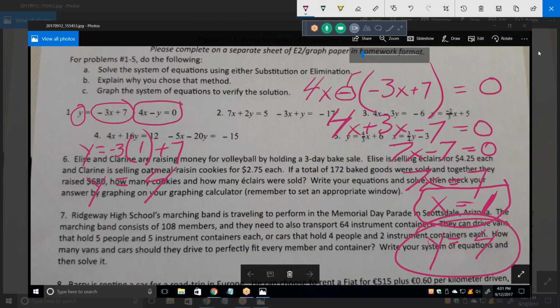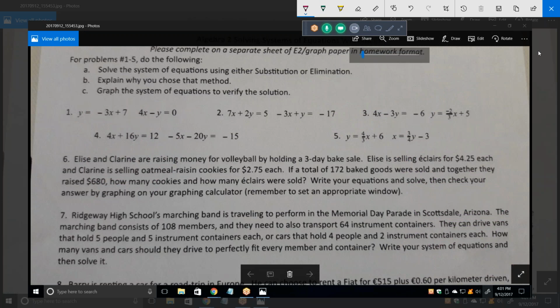Okay? Okay. Now, let's look at the second one, where in the second one, we've got two equations that are both in standard format. Well, it turns out there's an easier way to solve these. And that's to put one below the other.